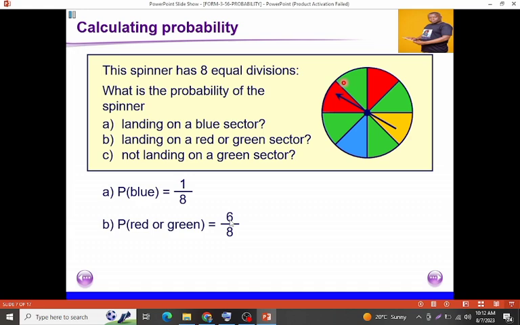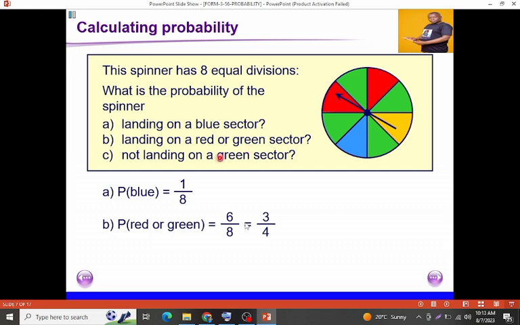So in this case, you divide through by 2. Divide by 2 here, it will be 3, divided by 2 here, it will be 4. So you have 3 over 4 as the final probability, the probability that the spinner lands on the red and the green sectors.